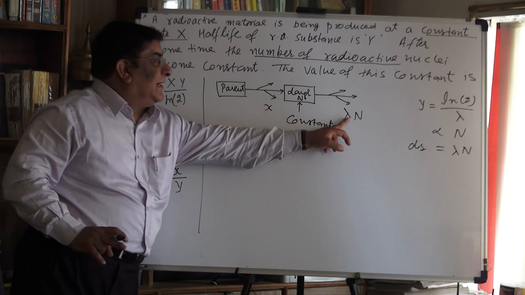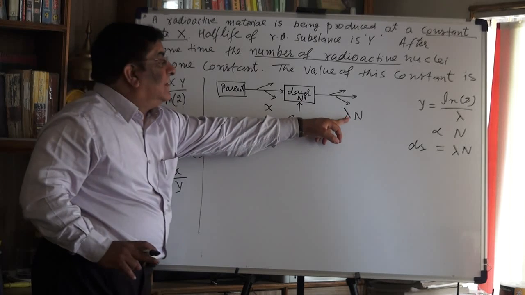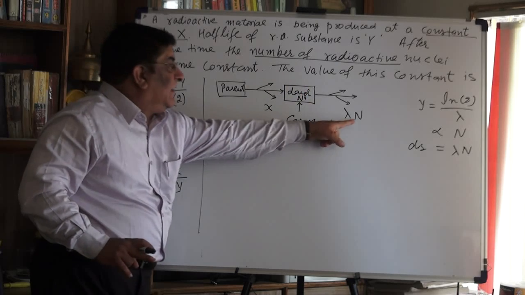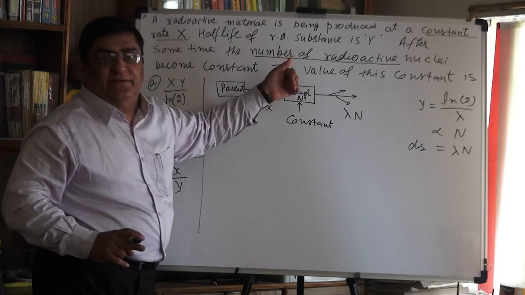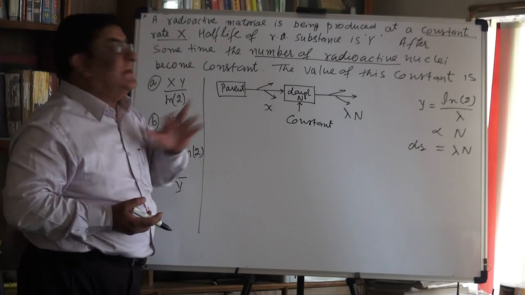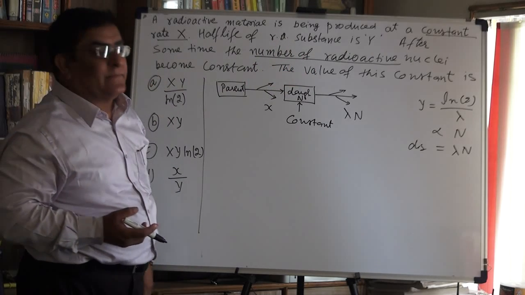It is being disintegrated at the rate of lambda n. If this is more than this, then they are finished. If this is less than this, then they will go on accumulating and this will become a larger quantity. They say it should neither increase nor decrease.